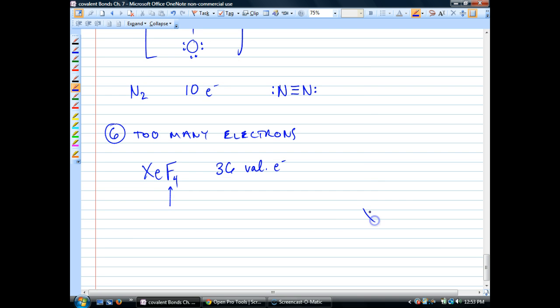But when I make the molecule, I'm only going to be subtracting 8. So 36 minus 8, 28. I can see I got a problem because xenon is already full. It's already got an octet. It's only going to take 24 to fill up the fluorines because they each only need 6.